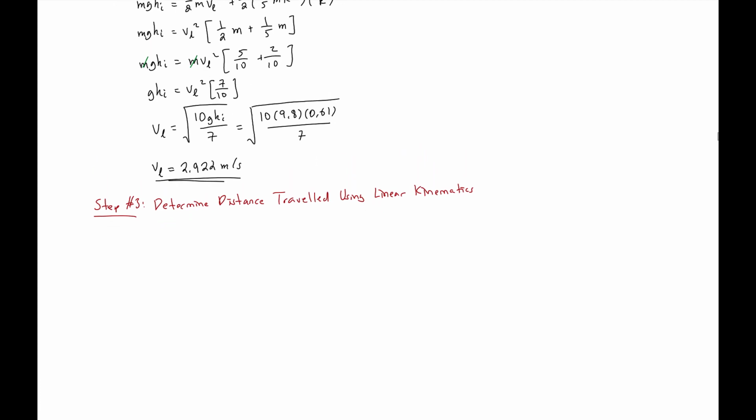So remember, we have our ball like this, and it has a launch speed, which also means it's going to go down onto the ground. And it travels a distance of delta x.